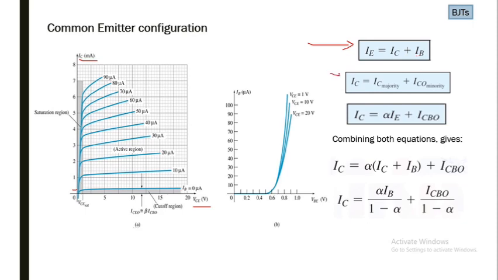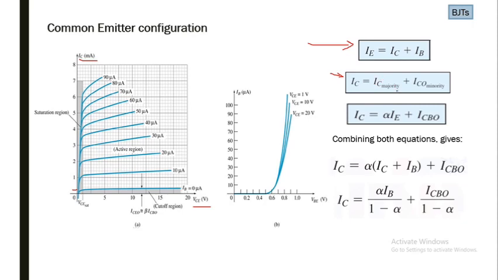And this equation we already have discussed earlier, that IC have two components. One is IC majority and the other one is IC minority, which we call ICO or ICBO. And when we have defined alpha, we defined alpha as amplification factor of majority carriers.